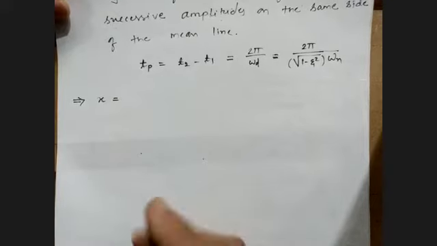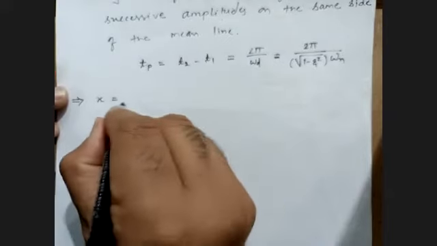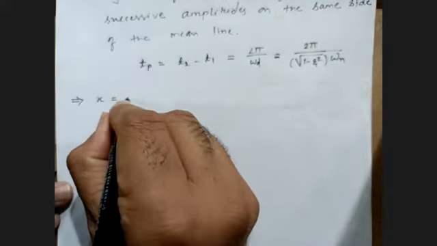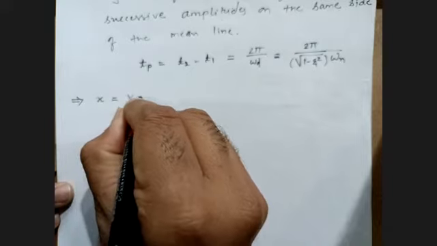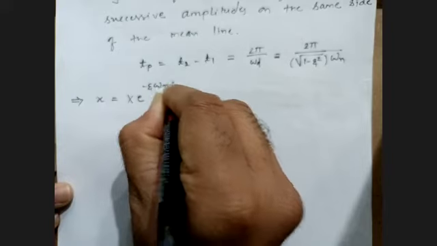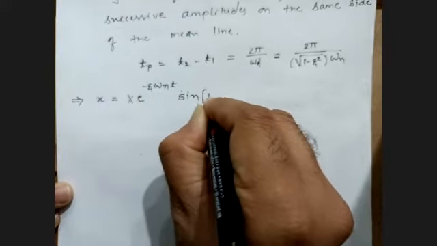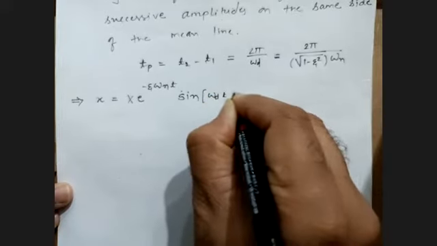Okay, so what is the equation? Just try to recall that equation here. x is equal to capital X e to the power of minus zeta omega n t into sine of omega d t plus phi.